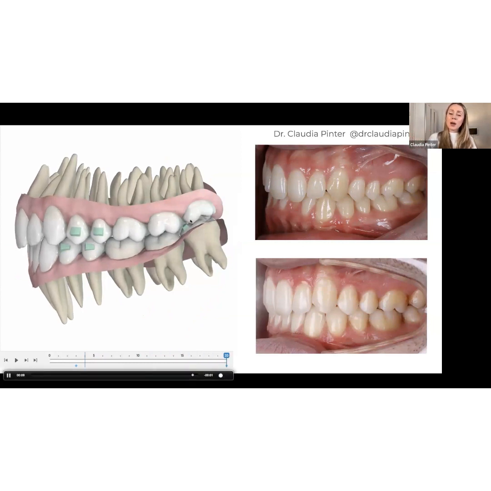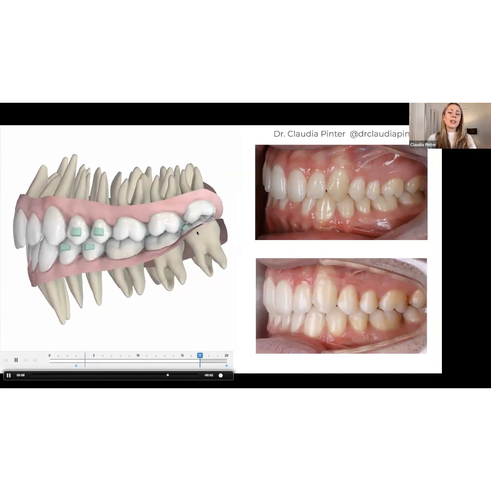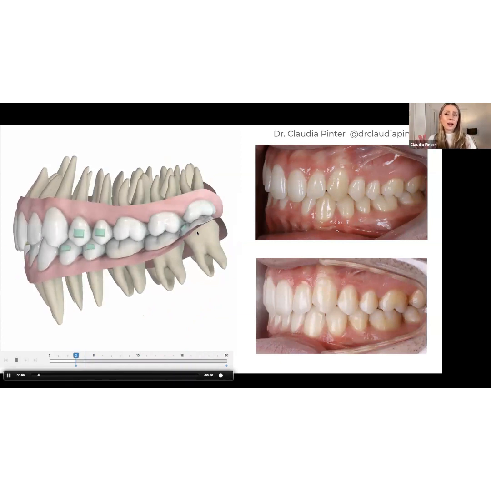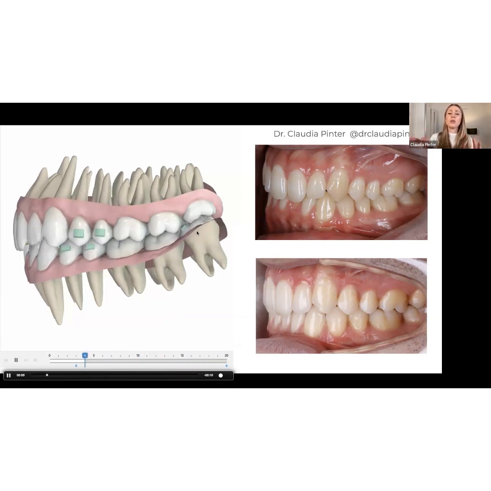You can also see how I place an attachment in the wisdom tooth here. This is not necessarily to move the tooth, but aligners tend to misfit on the wisdom teeth. This is most likely due to manufacturing processes. So it doesn't harm to place an attachment here just to ensure good fitting of the aligner on that tooth. And this is the after picture.